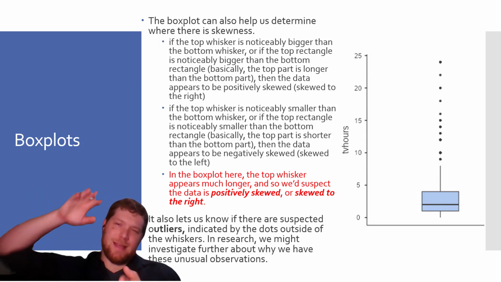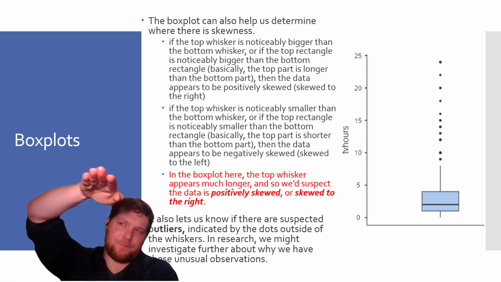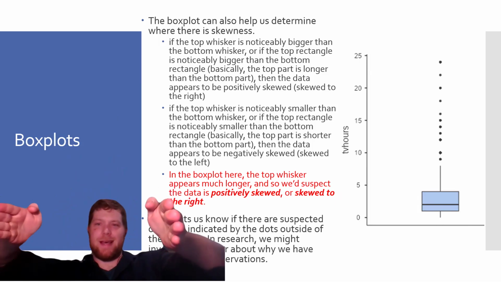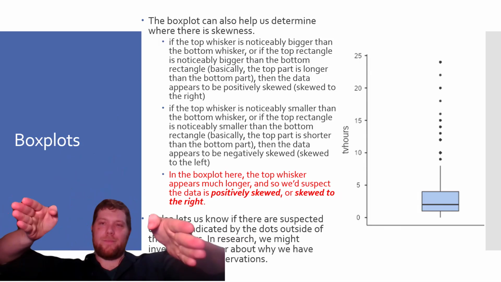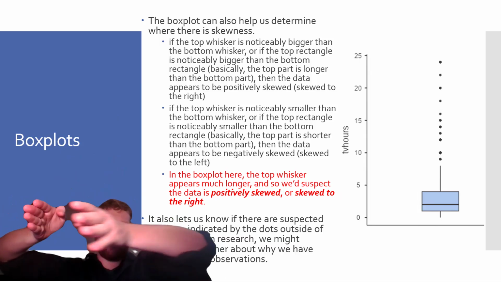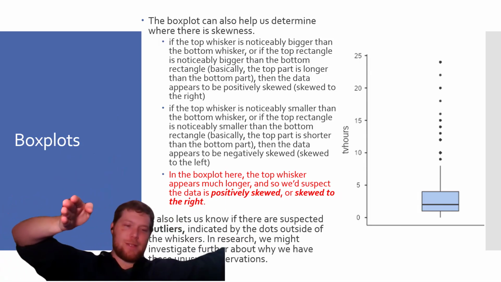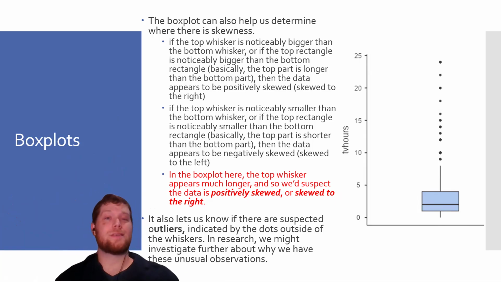And the best way to do it is to take this plot we have here and turn it over to its side, going from 0 to 25. Here we see that it's stretching out this way to the right, so we know it's skewed to the right, positively skewed.